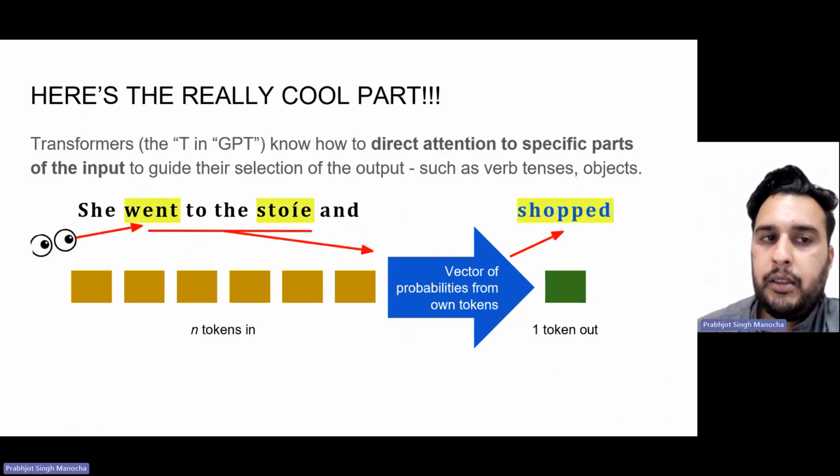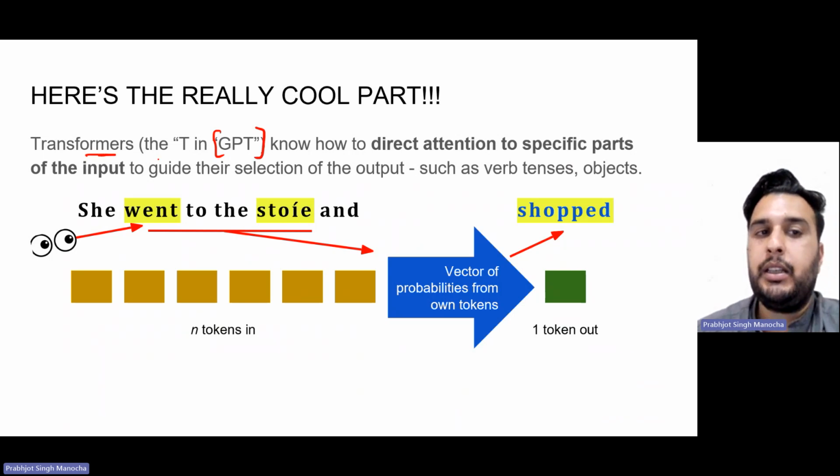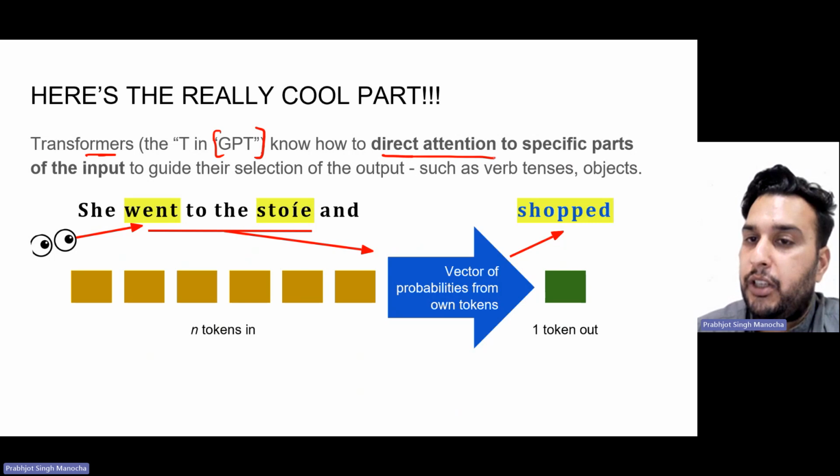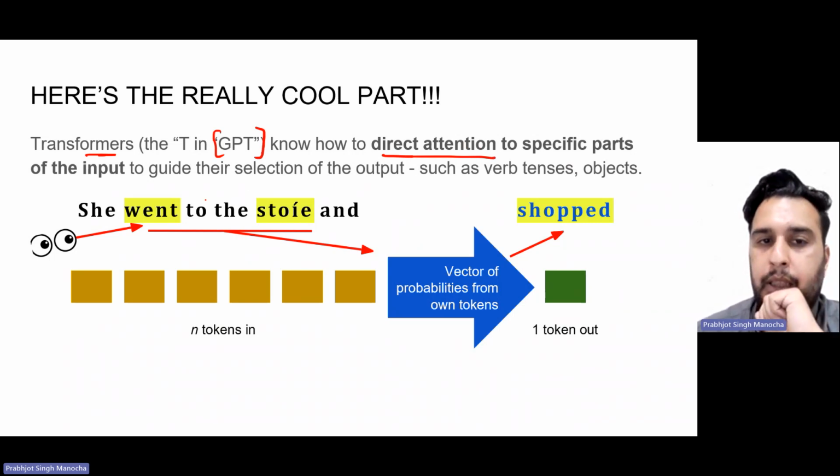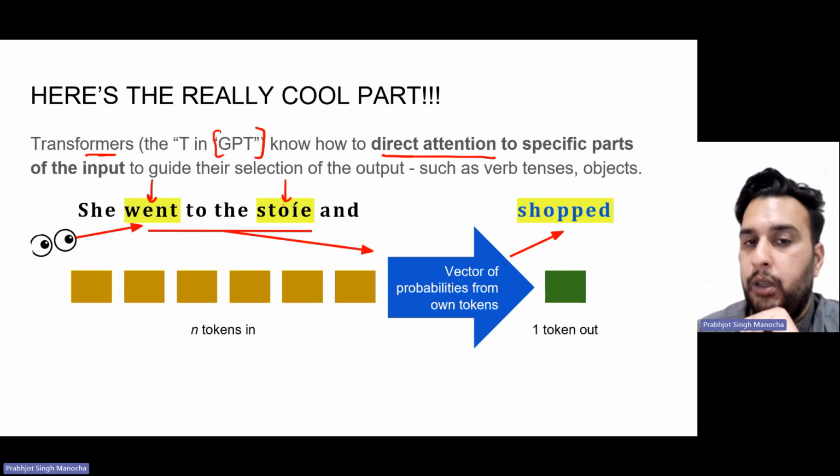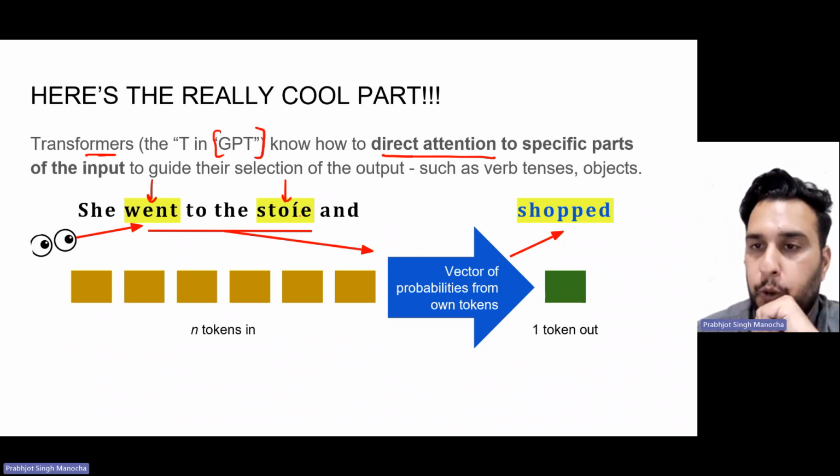So that's how it is working. The transformers, the T in GPT, the T represents transformers, know how to direct attention to the specific parts. Here the main specific part is 'she went to the store'.